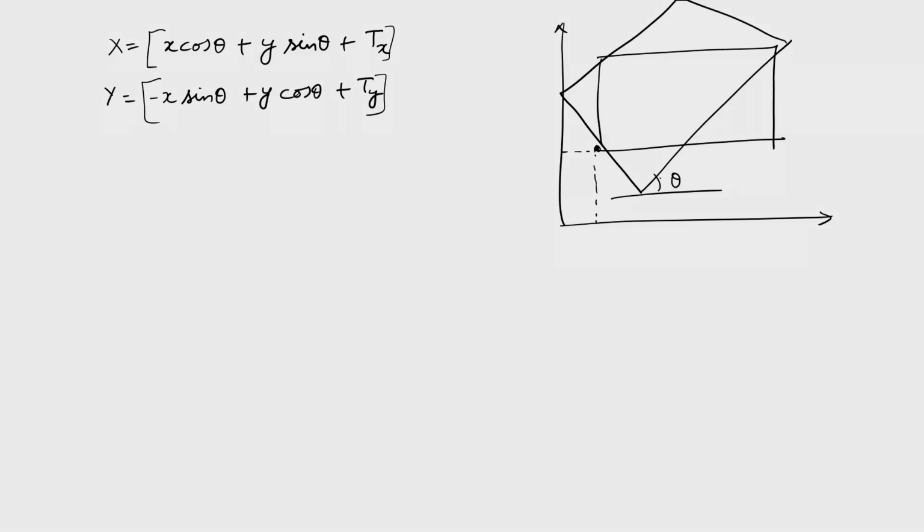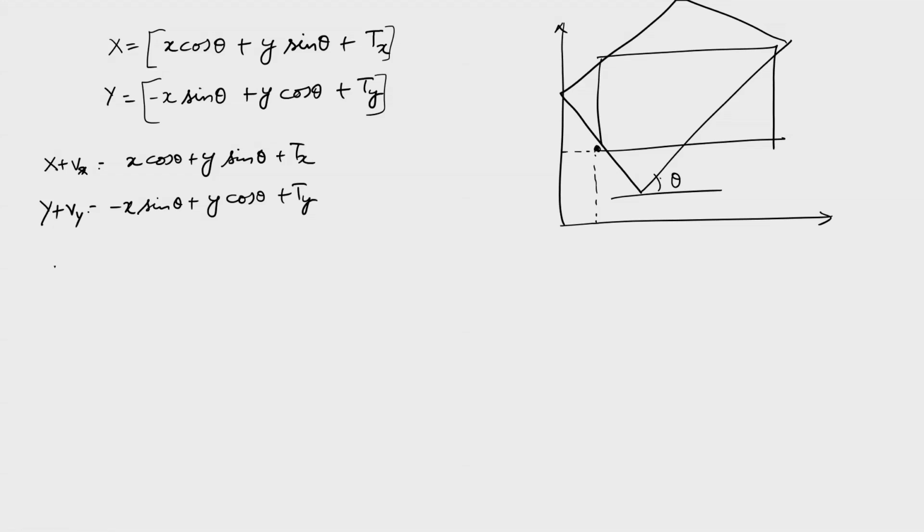As per the standard process, what do we do? We introduce this error V x equal to x cos theta plus y sin theta plus T x, and similarly y plus V y equal to minus x sin theta plus y cos theta plus T y.